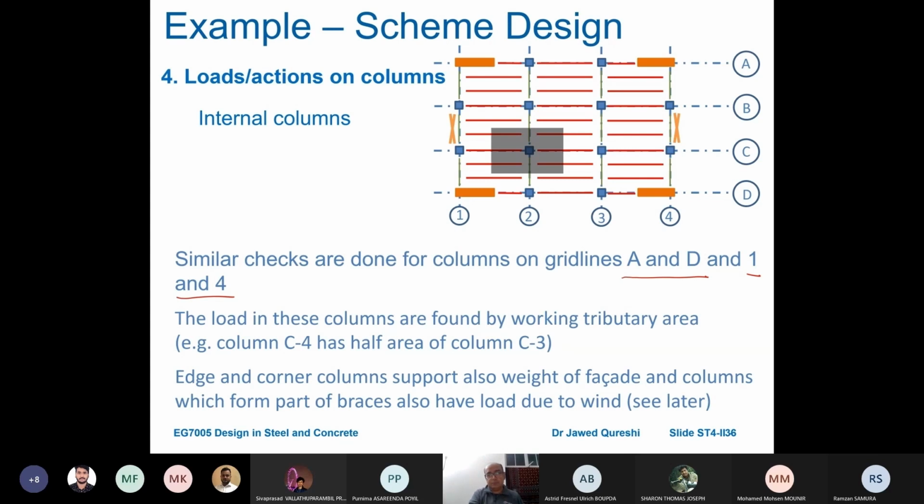For example, the load on column B4 is going to be half of the column in C2. The loading on the corner column is going to be even less than that. The edge and corner columns also support the weight of the facade, and the columns are part of braces as well, which can take wind load.